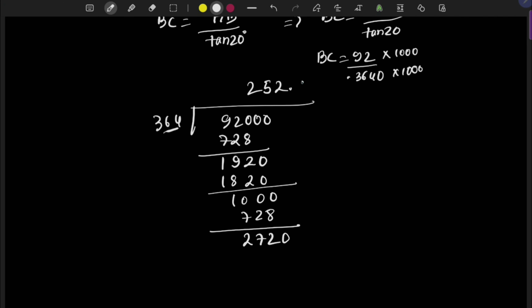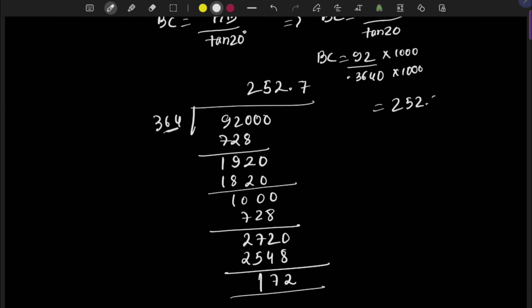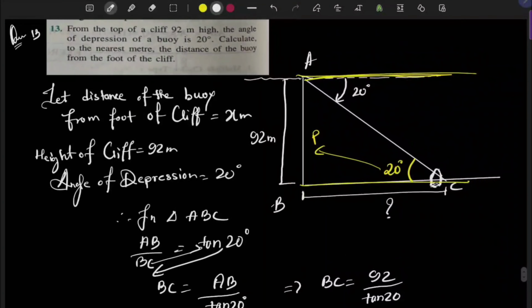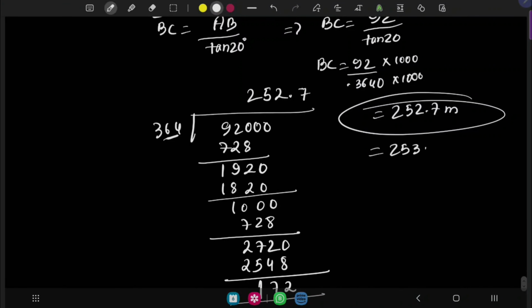So we'll take 7s are. 7 4s are 28, 2, then 42 plus 2 44, 4 carry, 21 plus 4 25. We'll subtract. How much you will get? We'll get 2 7 1, 172. So no need to do further. So it is 252.7 meter is the answer. But here what they're saying, the nearest meter. So nearest meter is 253 meter.